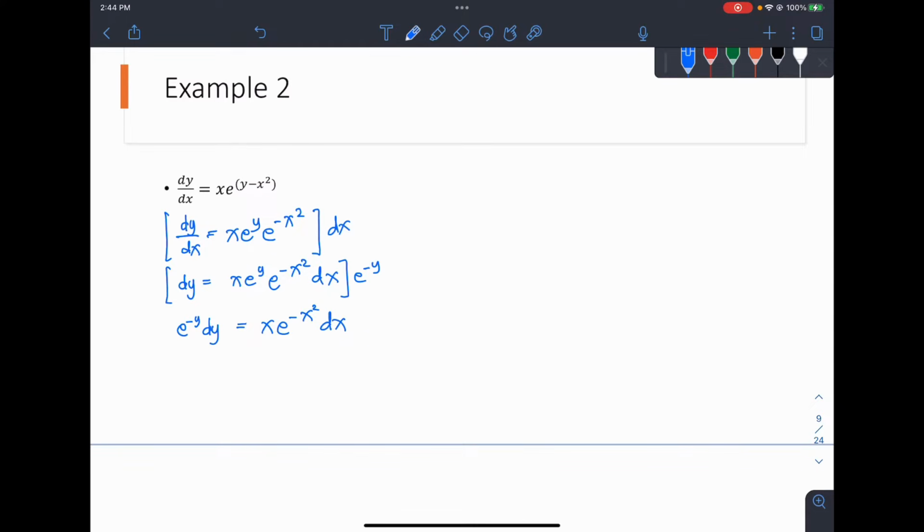And we can see here that the function of y and the function of x comprise an exponential function.